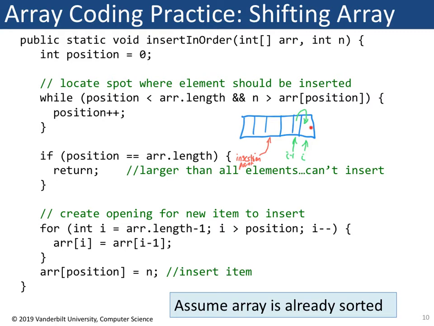We'll process I equals 5, update I equals 4, move this element into the right, I equals 3, move the value currently stored in our insertion point to the right, I equals 2, 2 is not greater than 2. So we will not continue to execute. We will jump to the statements following our for loop, and we will store in our insertion point.